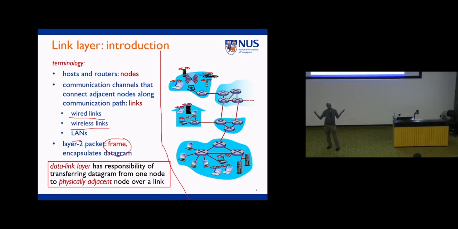But we'll just use the term packet, so we'll understand that. And the job of the link layer is to sort of move the packets or the datagrams from one end of a link to another end of a link. So this is a little bit an interesting thing to understand, and this sort of distinguishes your link layer from your transport or network layer protocols.